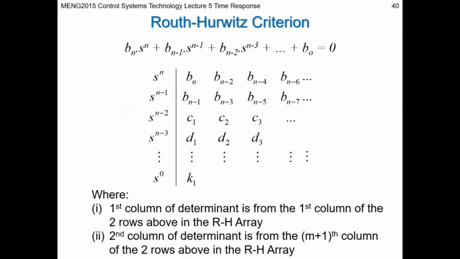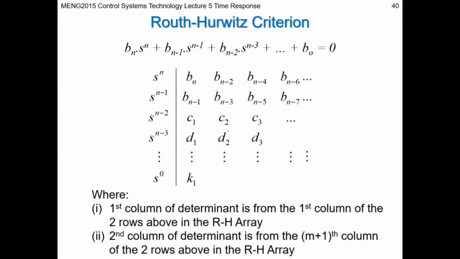Okay, so that's how we form it, and we continue doing that. For C3, we'd form the matrix from these terms and these terms. When we go down to D1, we'd form the terms from these and these. D2, these and these, right? So D3 would be the first 2 terms and these 2.